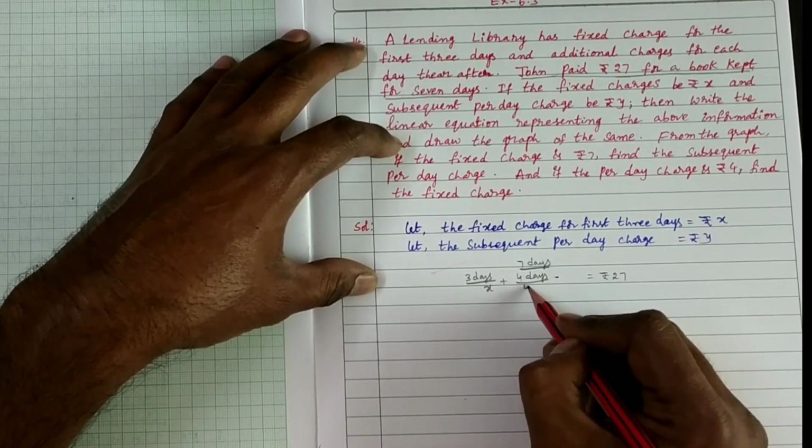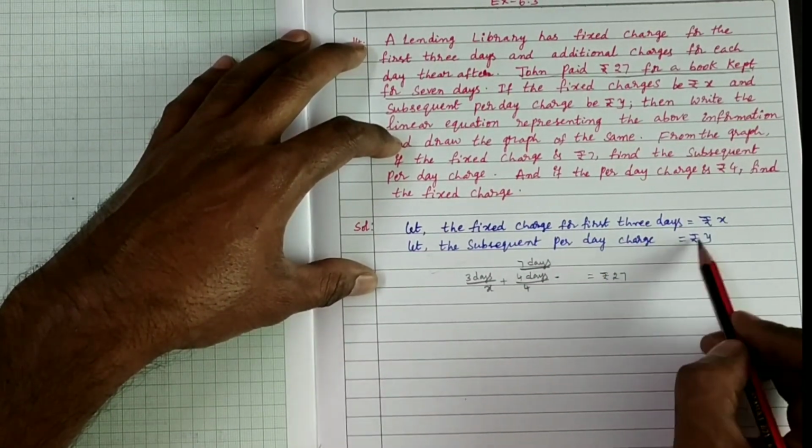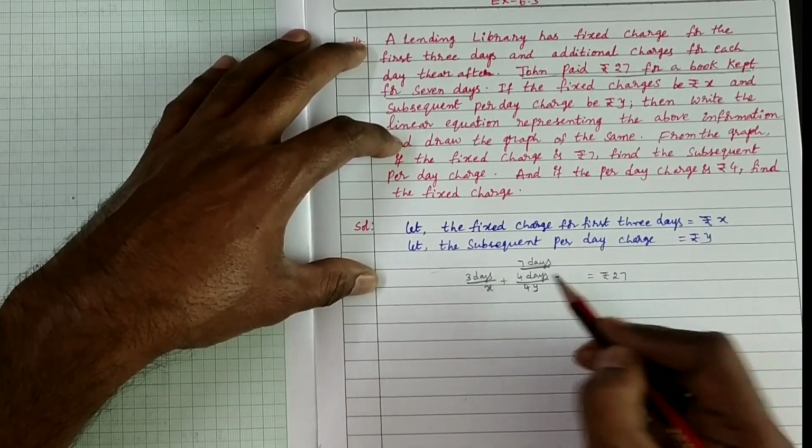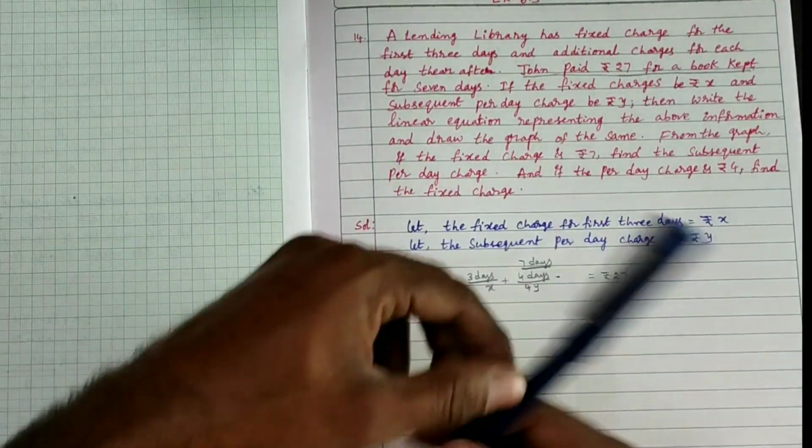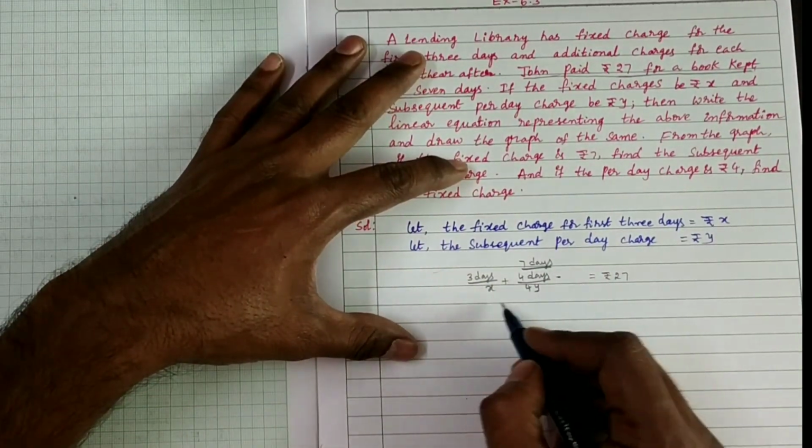For these 4 days, each day's subsequent charge is Y. So by the given information we can form an equation like that.